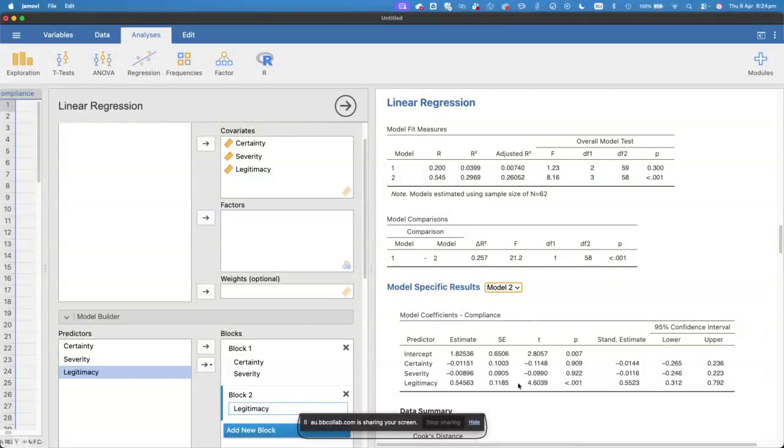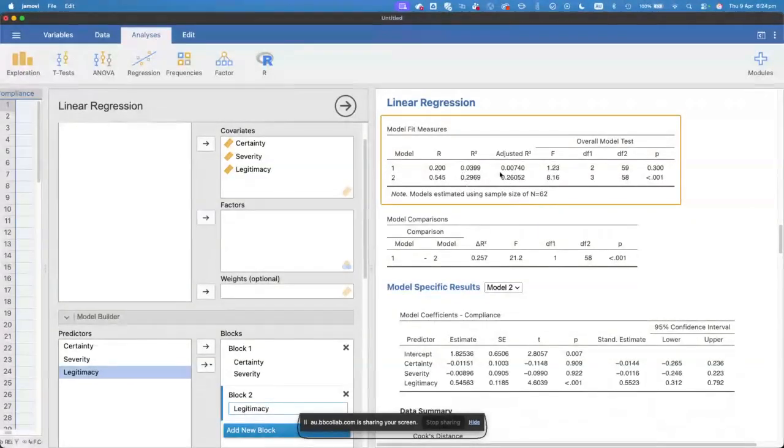In the second model, which added legitimacy as an independent variable, it is significantly better than the mean of compliance. So our model with legitimacy included explains the variance better than the mean of compliance, which is what you're after as a very baseline test. This indicates it's good, and so we can start interpreting what the coefficients refer to.